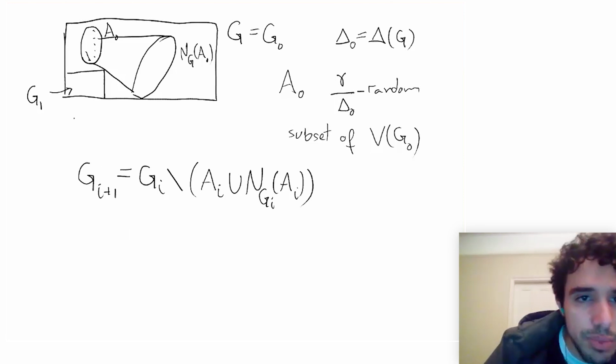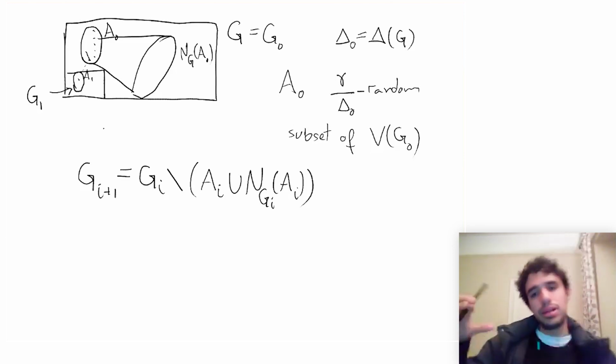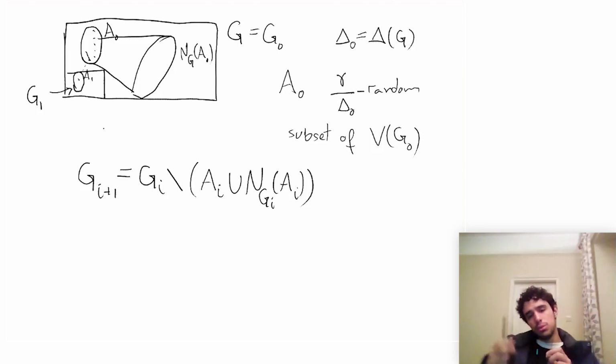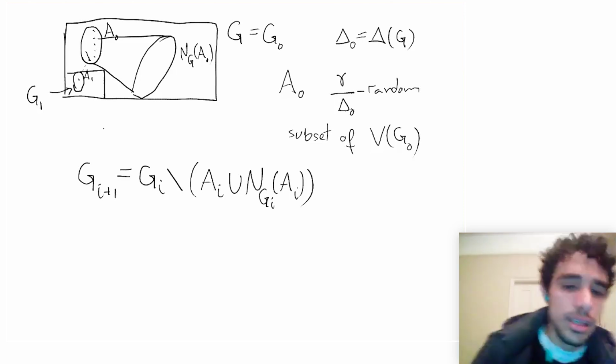Okay, so this has the nice property that now we take this other set A1, and since we already removed the neighborhood of A0, we know that there aren't any edges between them. So in the end, we'll just remove a few vertices from each A_i and take the union of all of them to be our independent set.